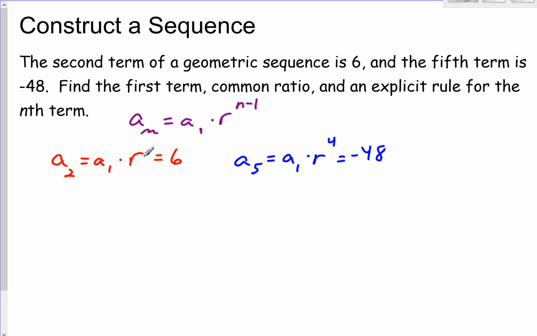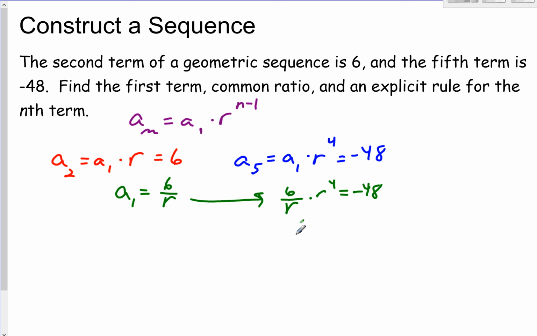So typically, I'm going to go ahead and take this and solve it for r. I'm sorry, not for r. I think I'm going to solve it for a1. So a1 is 6 over r. And I'm going to substitute it into here. So 6 over r times r to the 4th equals negative 48.